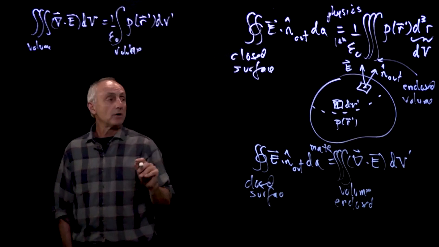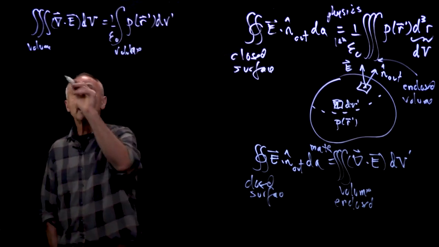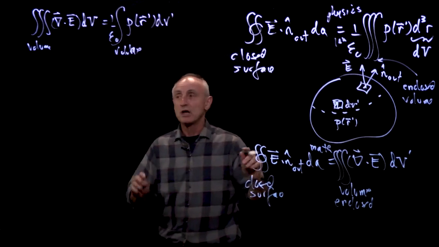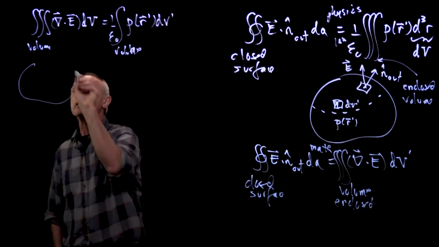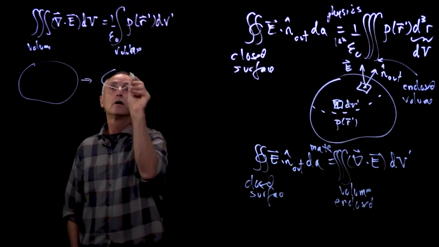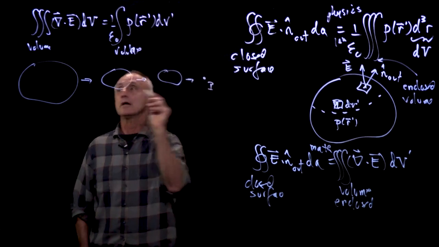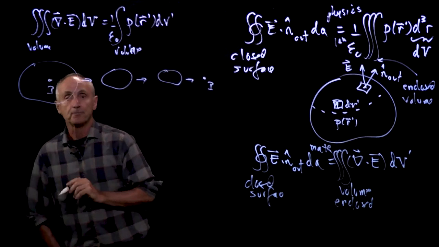What we see now is we can go from these integrals over surfaces and volumes to asking ourselves, what would happen if we shrink our volume down to just a point contained in that volume?